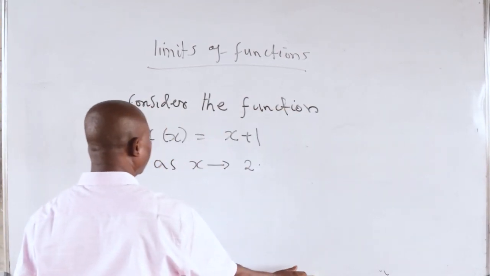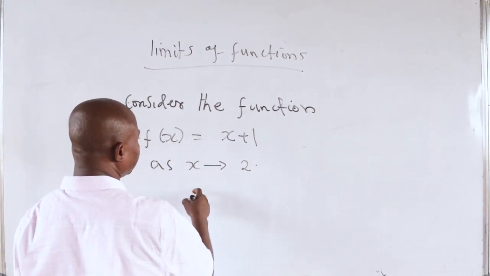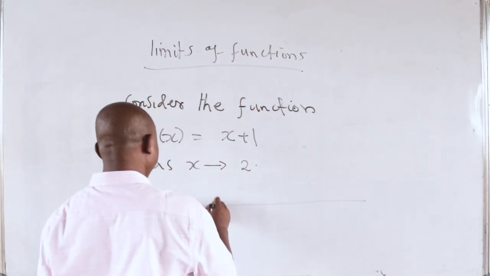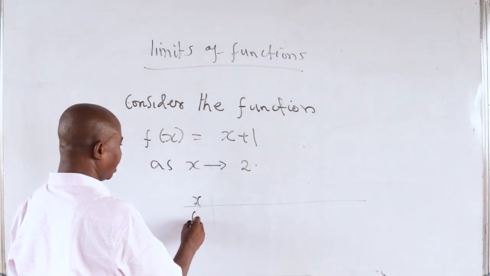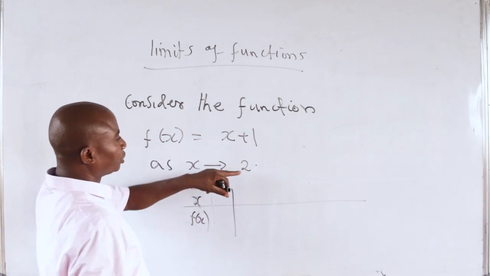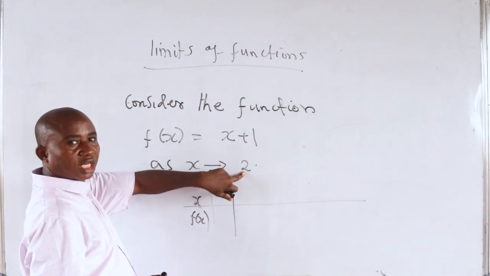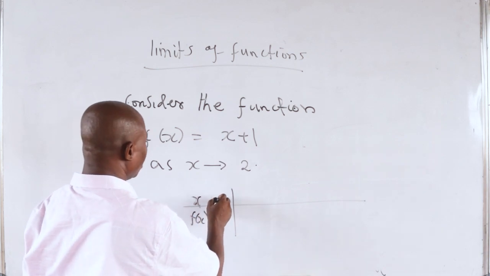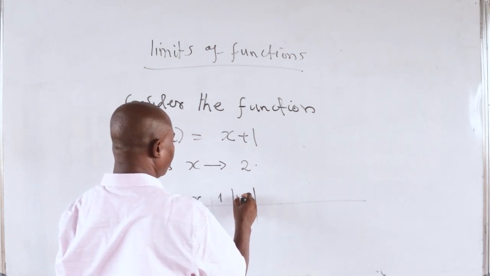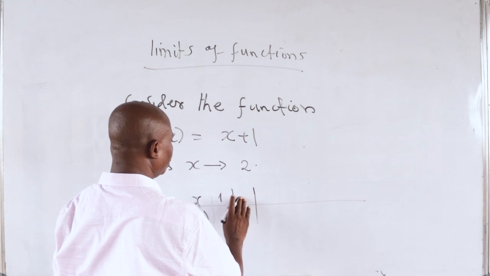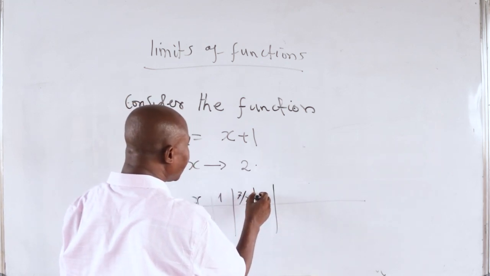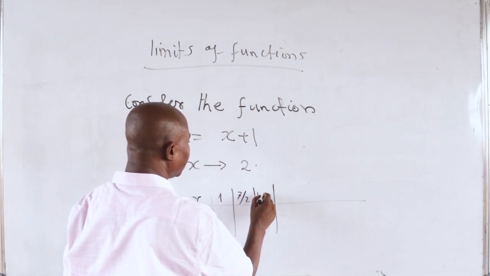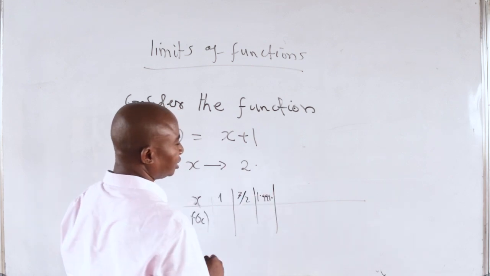Okay. So let's try to make a table of values for this. So in that case, I have here x, and then I have f of x. I want to take a look at those that are smaller than 2. So I look at, say, 1. I look at 1.5, which is 3 over 2. I look at other values, say, very close, 1.999, this way.